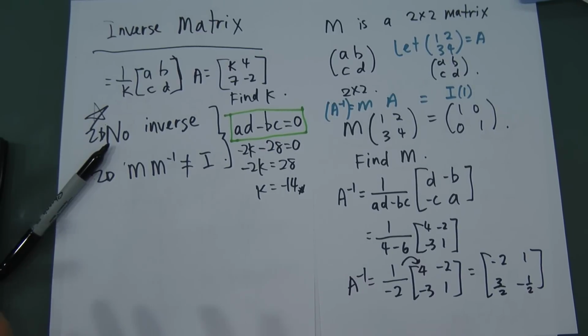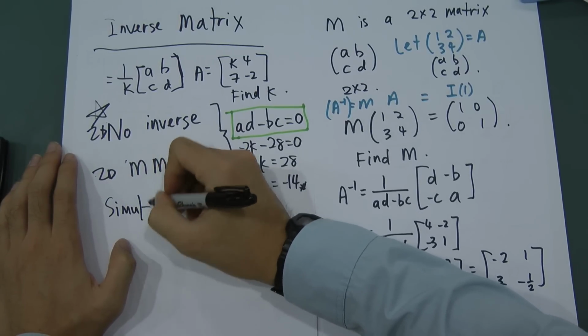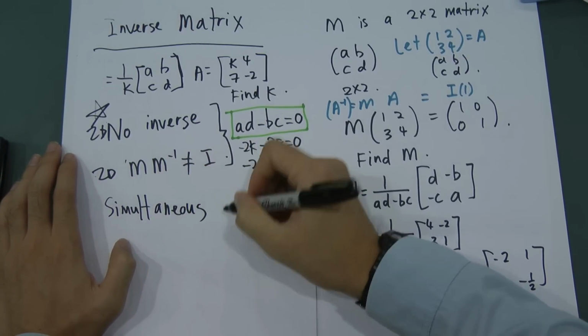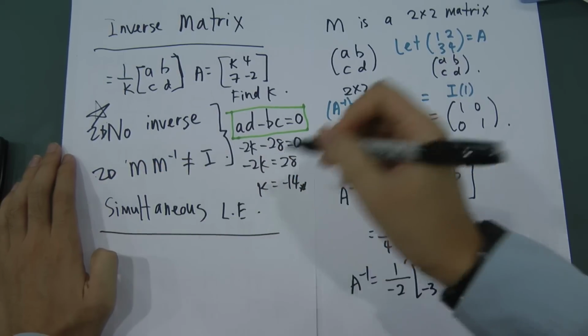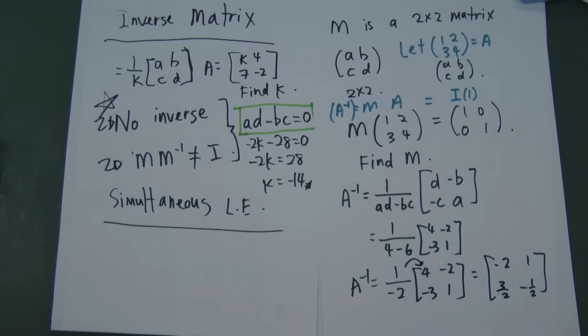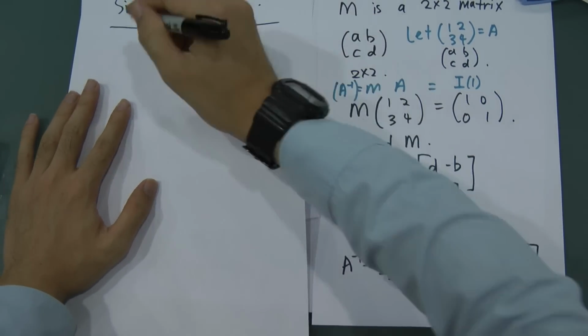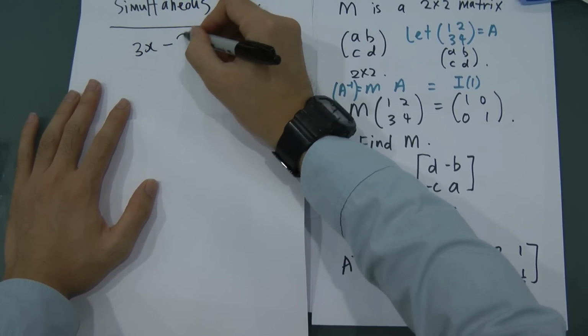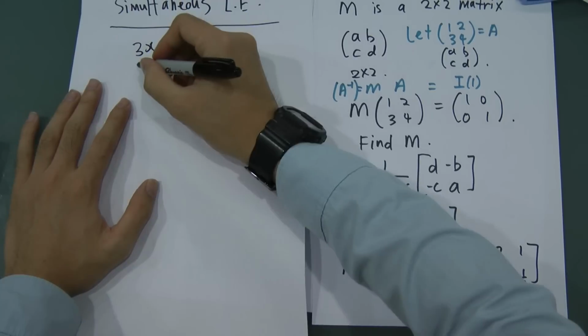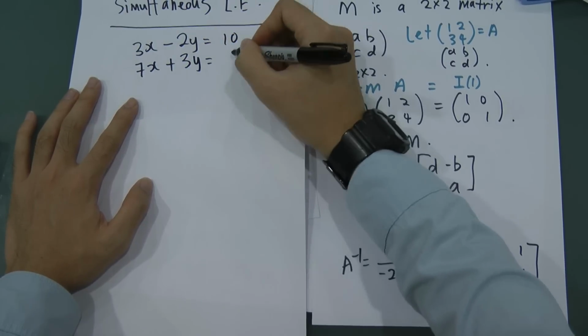Just the last thing, about simultaneous linear equations. Sometimes he will give you an equation like 3x minus 2y equals 10, and 7x plus 3y equals negative 2.